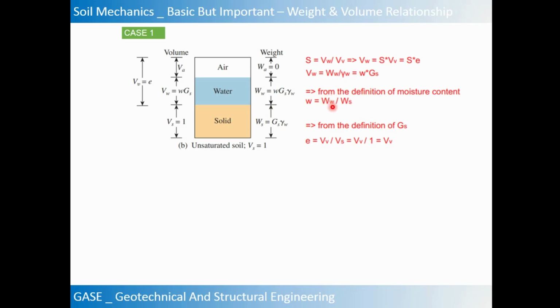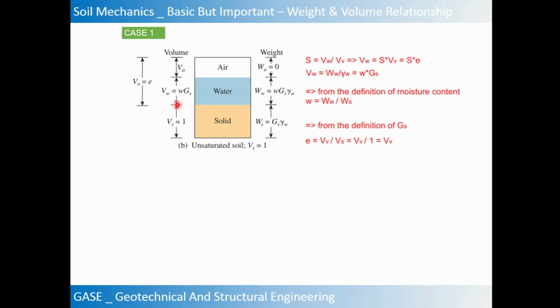The weight of the water is equal to the moisture content times the weight of the solid soil. But the weight of the solid soil is equal to Gs times gamma W. So that's why we have this formula here.